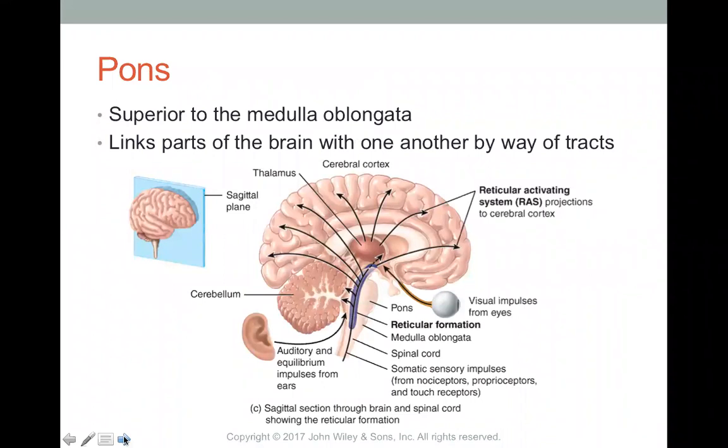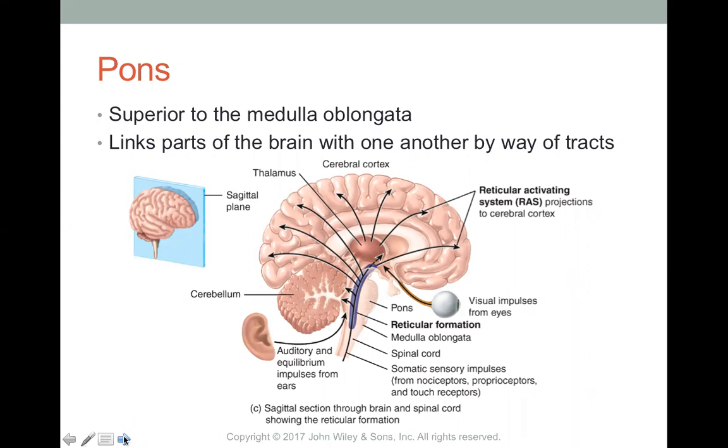Next is the pons. The pons is located superior to the medulla, so we've worked our way from the spinal cord to the brainstem, which is continuous with it, but first with the medulla oblongata and now higher up the pons. It will connect the spinal cord with the brain and link parts of the brain with one another by way of tracts.